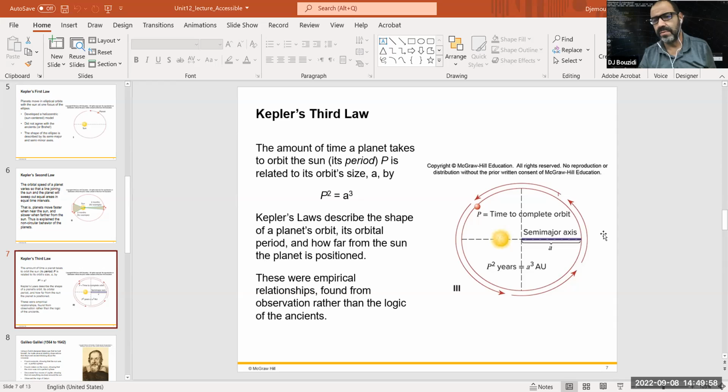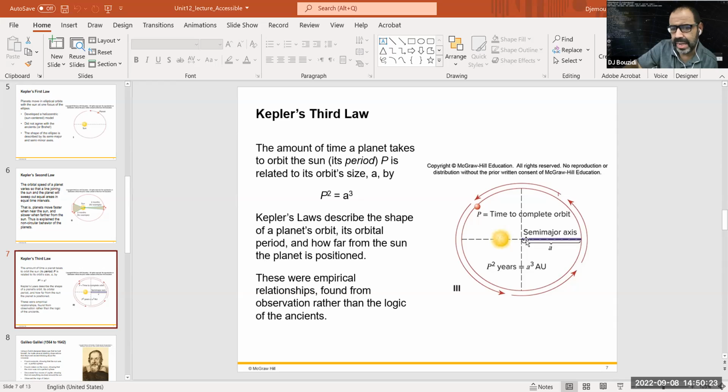Full year for Saturn, and again for Saturn, not Earth. In Earth years. How many years on Saturn? In Earth years, not in days, not in minutes, not in seconds, in Earth years. That's what the formula is equal to: A cubed. A is the semi-major axis in astronomical units.